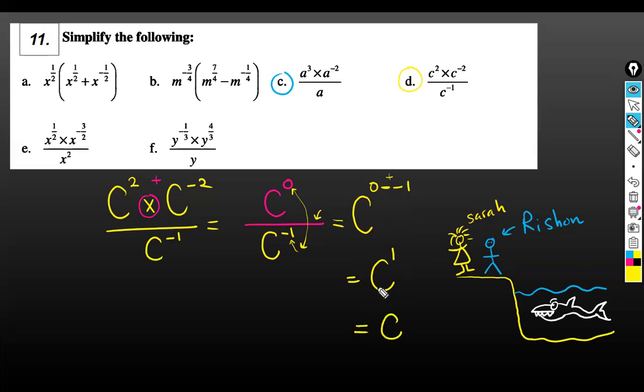So the answer is c to the power positive 1, or just c. Not minus 1. For those who got it wrong, you think you see a mistake, that minus sign underneath tricked you all, right? Let me know, guys. A lot of people did get it wrong, so let me know.